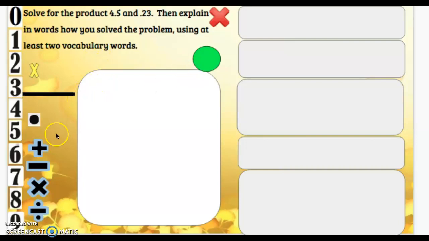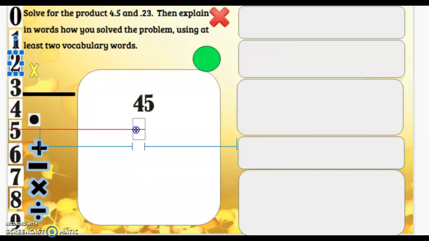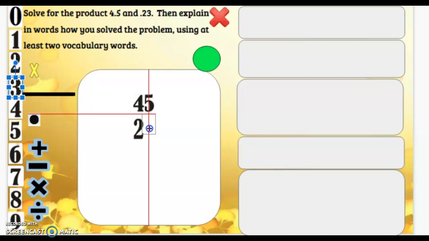So we first need to write the problem out without any decimal points. So I'm going to start off with the 4. And the 5. And then the 2. Then the 3.